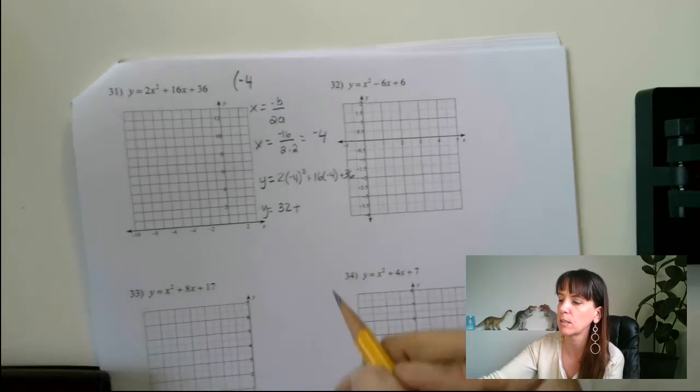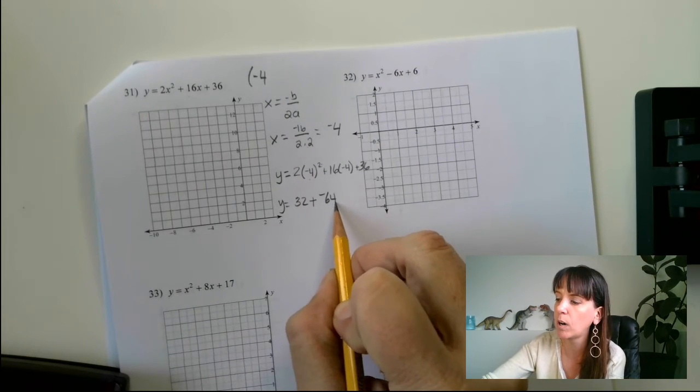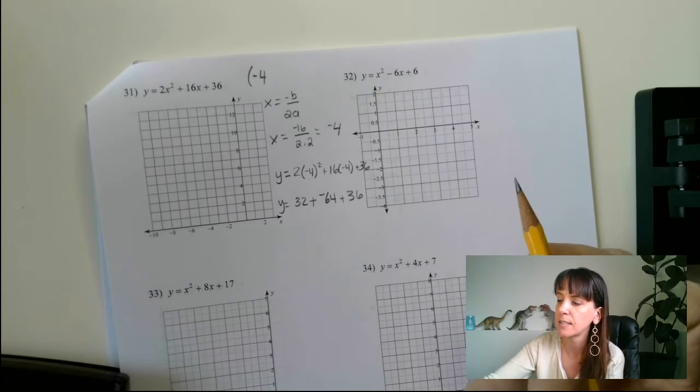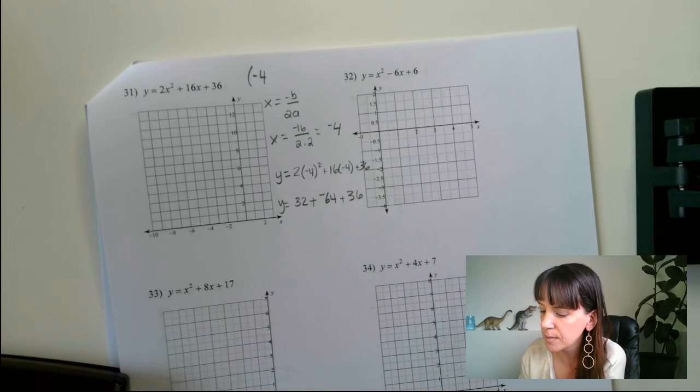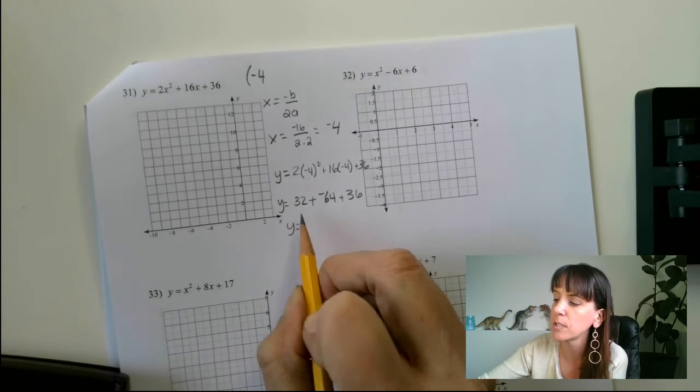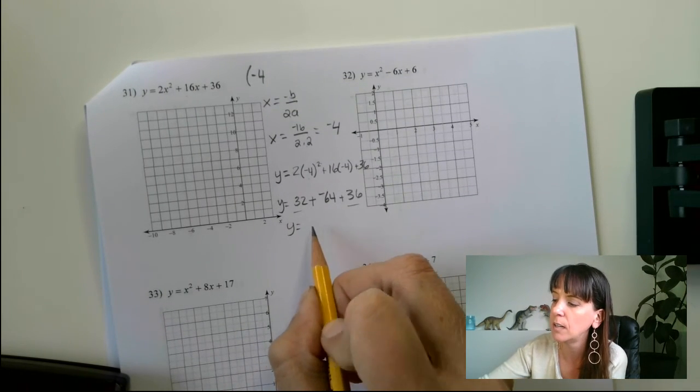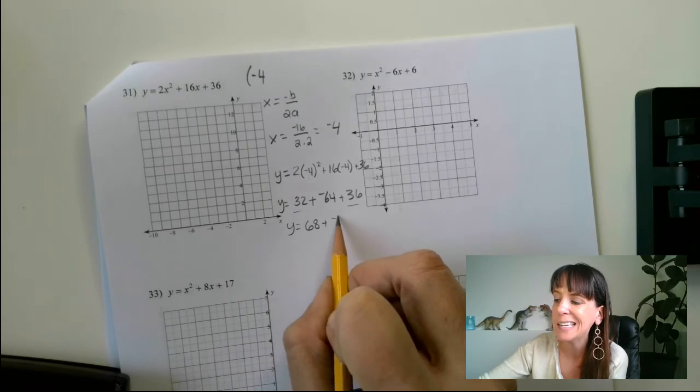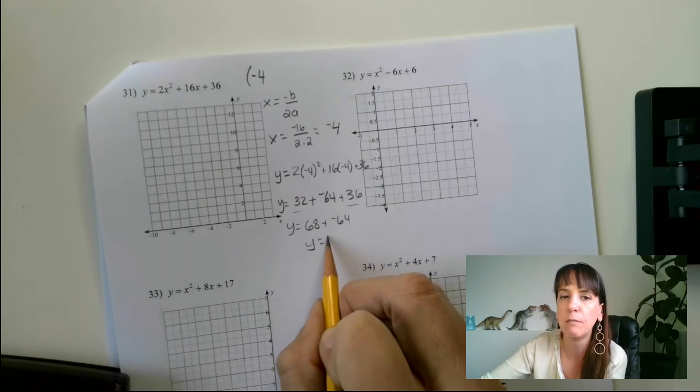I don't know why I started to doubt myself. So negative 64 plus 36. Y equals 32 plus 36, that's 68, plus negative 64. That gives me Y equals 4.